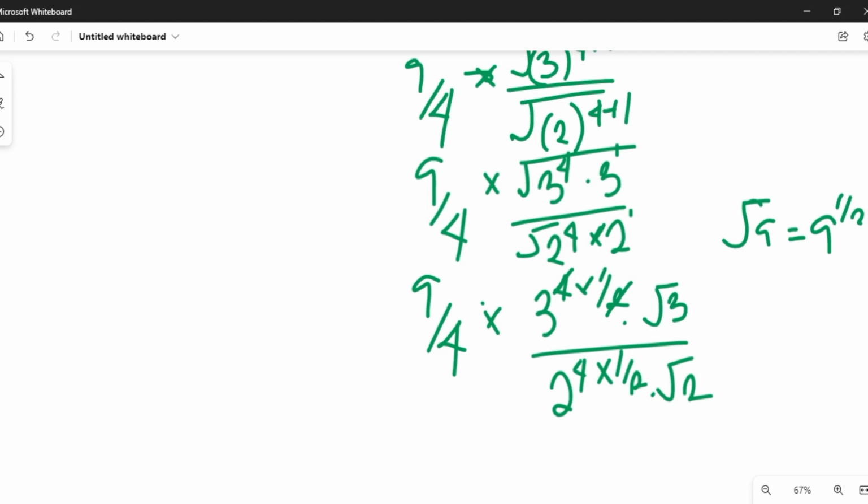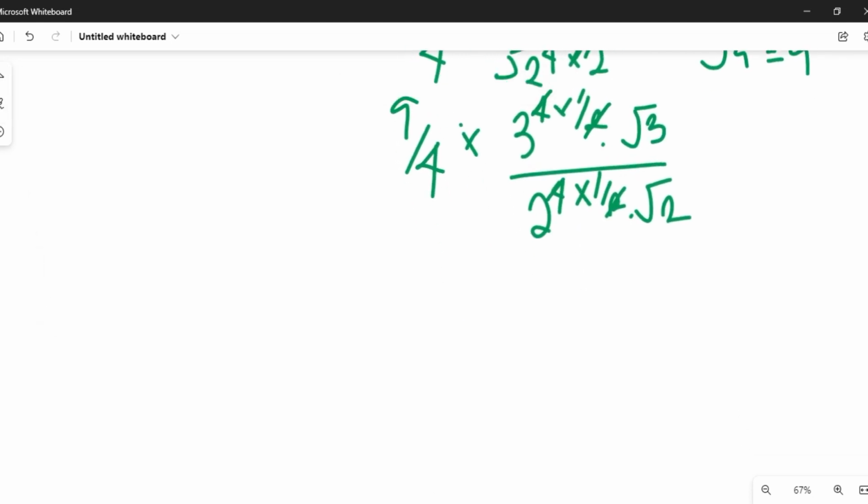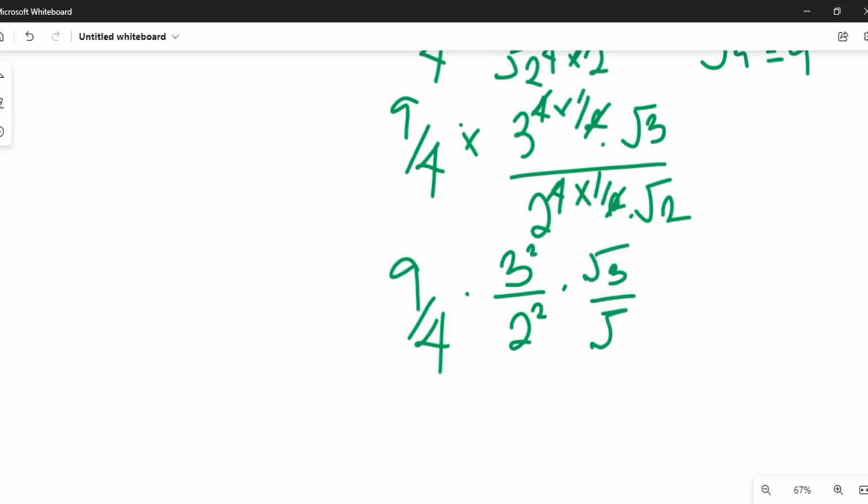This will cancel, and that gives us 9 over 4 multiplied by 3 squared over 2 squared multiplied by the square root of 3 over the square root of 2.